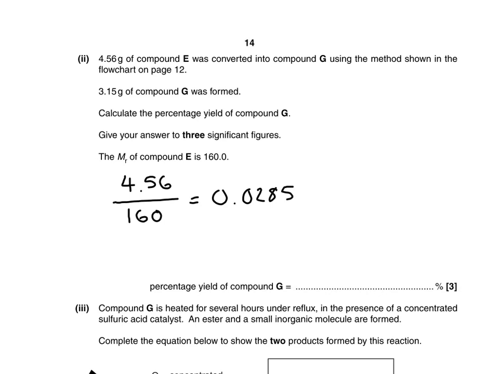And if we had 100% yield, that would be the number of moles of G. So what we need to do is work out the number of moles of G we actually made.